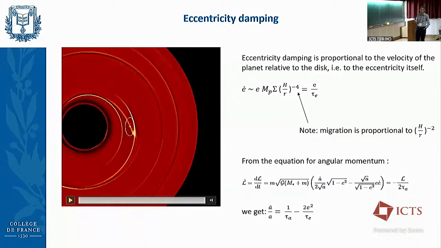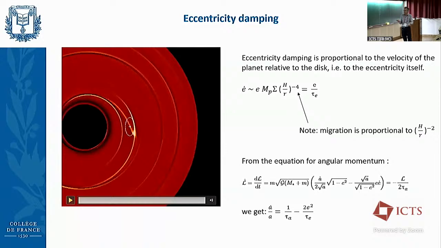So we can apply the same formula to the change in angular momentum of the planet, because the angular momentum of the planet depends on the semi-major axis and the eccentricity of the planet. The actual damping of the angular momentum, which is given by the formula I gave before, is actually a combination of the a damping and the e damping. And the e damping is given here.